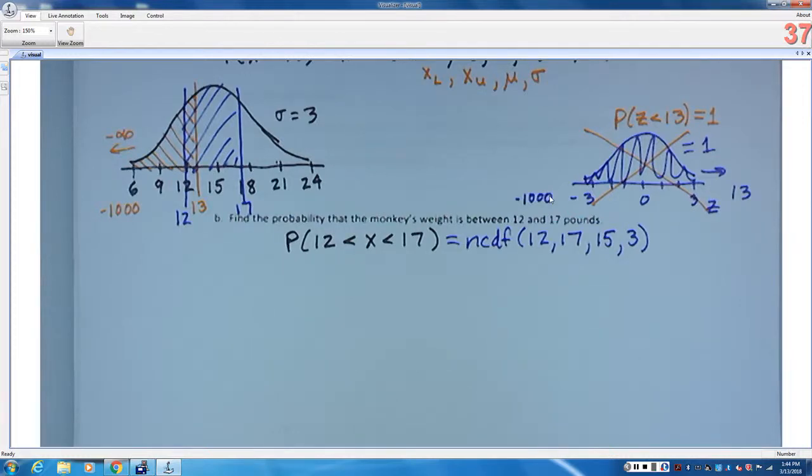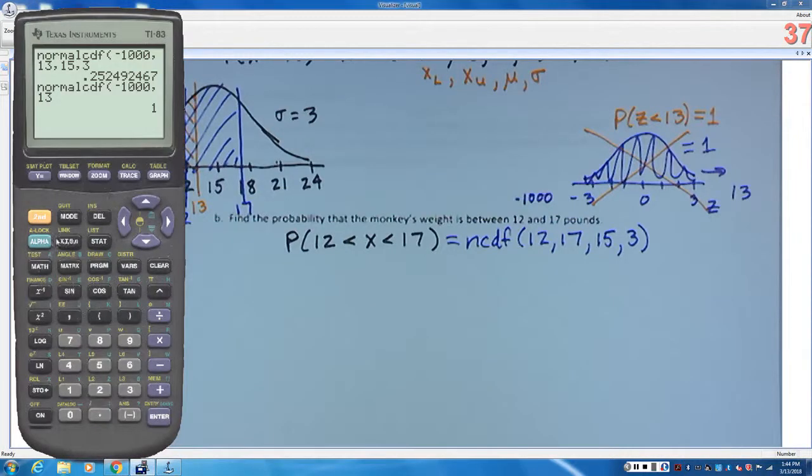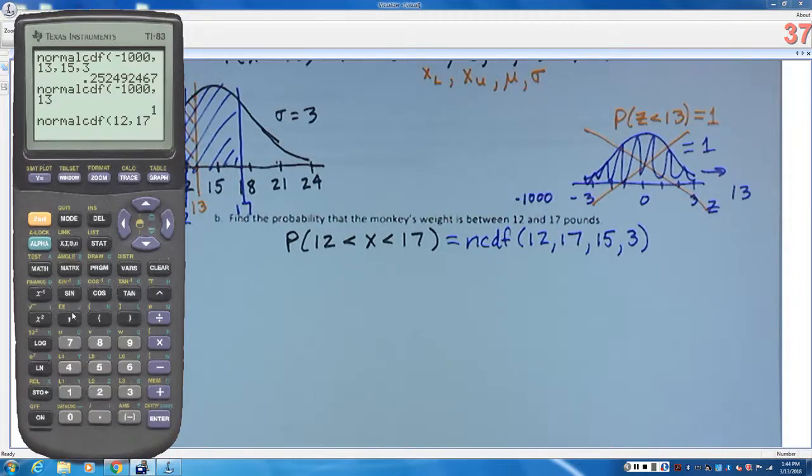That area is 0 to 4 places. So, normal CDF, 12, 17, 15, 3. And we get 0.5889.